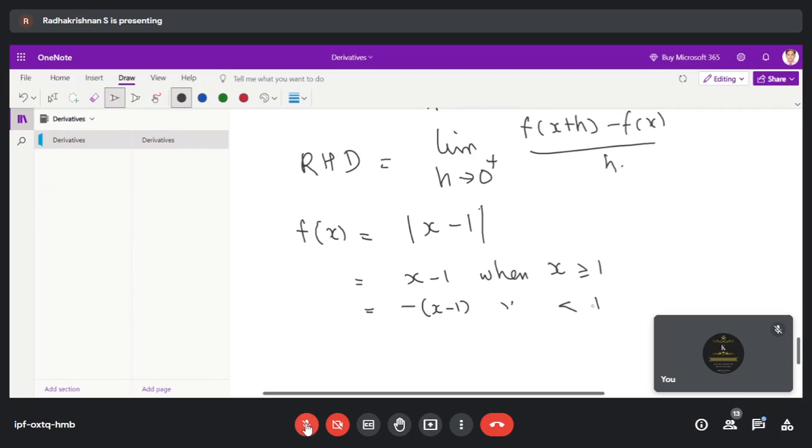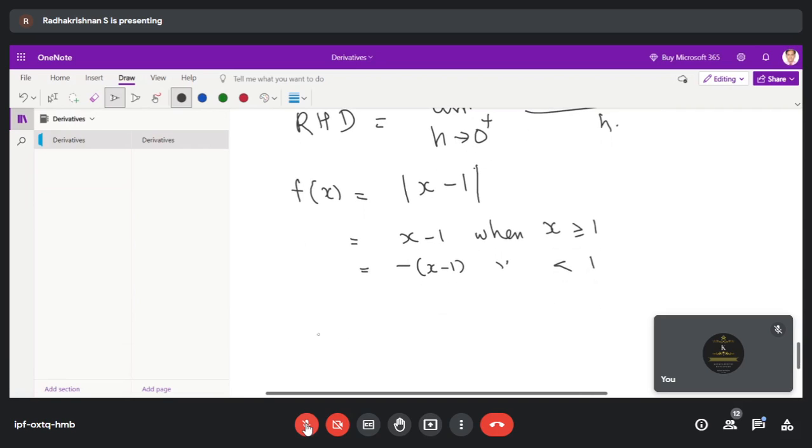That is the definition of modulus. If it is negative, then we put a negative of that to make it positive. Now for the right hand side derivative, let's do left hand first.